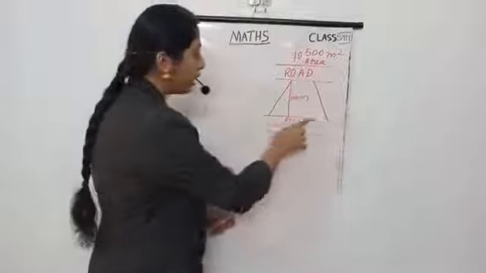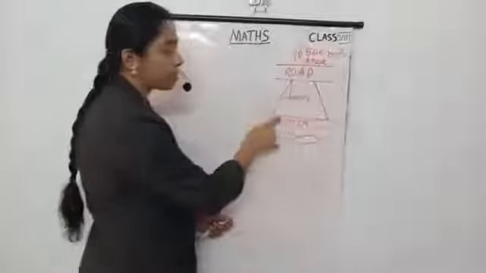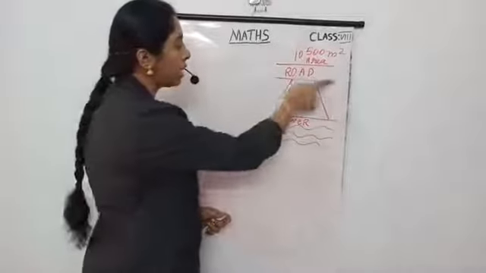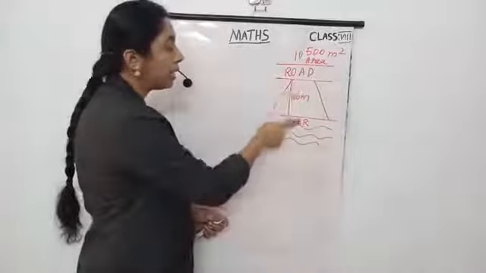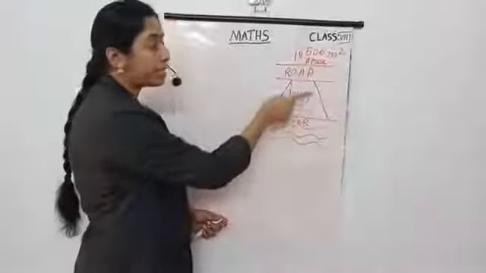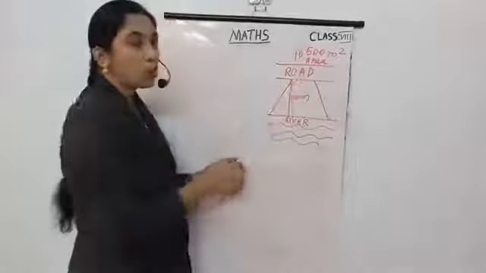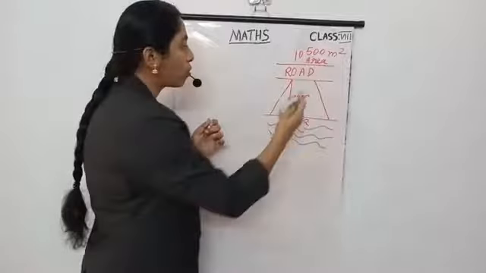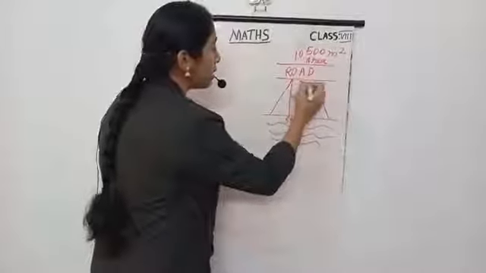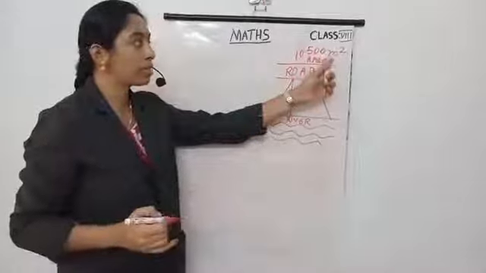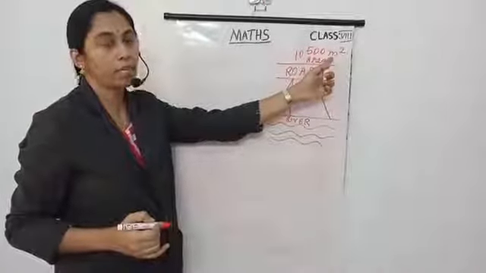Its side near the river is parallel to the side near the road and its length is twice the length of the road. So here we take road as x meter because area is given in meter square.